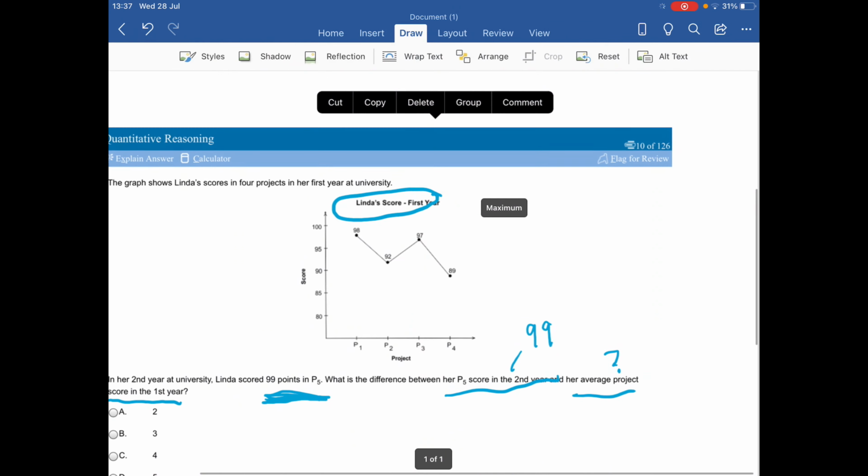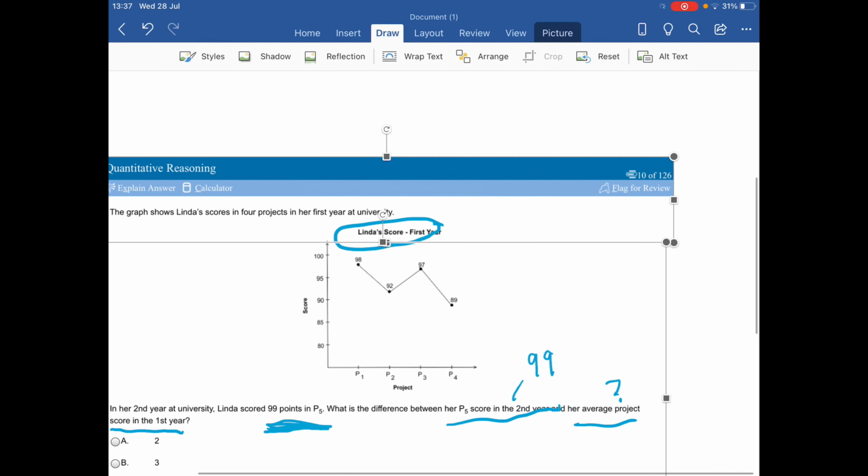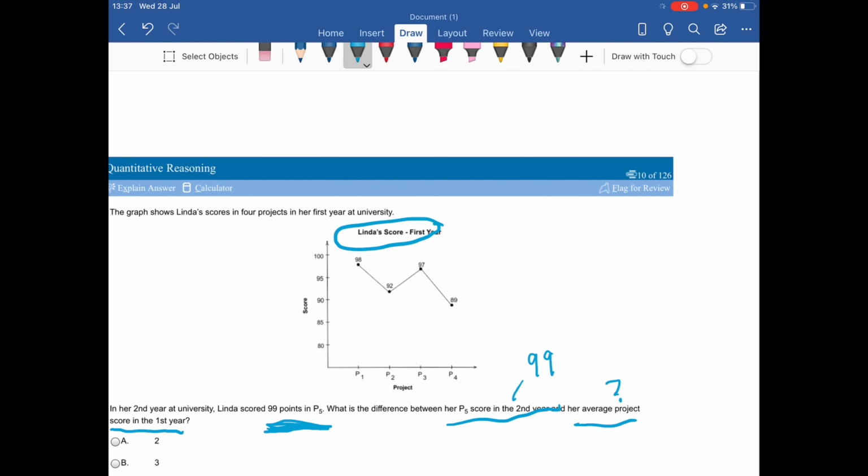So if we look at this, to find an average, you have to add all of the options and divide by however many there are. That's just the formula for averages in general.